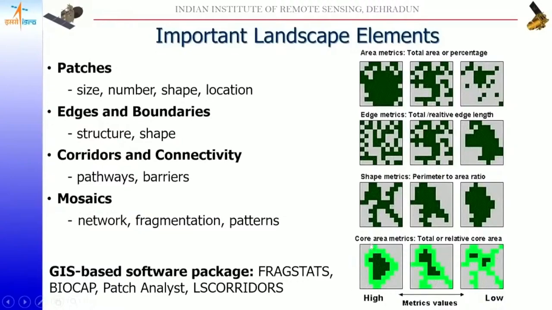And the important aspect is how the core area exists in any landscape. Core area is the interior part of any habitat, and it can be defined based on the consideration. And we define some area surrounding a particular core, which can be in the range of several meters to kilometers, and this is basically what we call a buffer area.